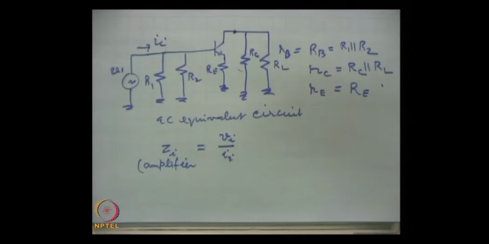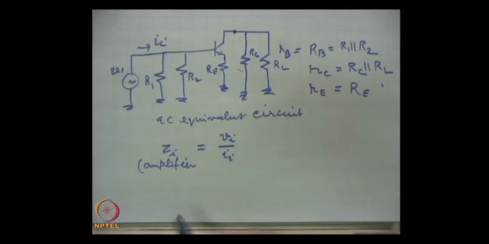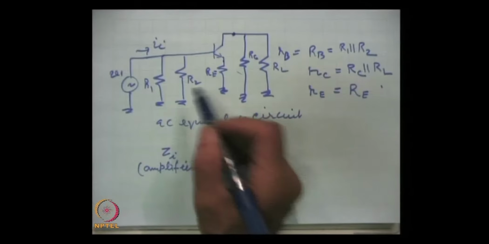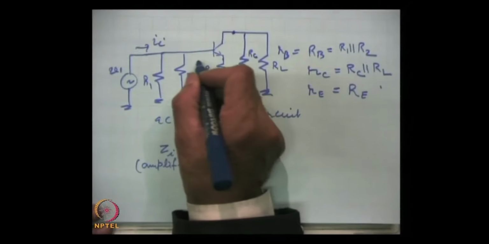Now, this is important, it is convenient to find this expression to break the input impedance of the amplifier into two parts, and these two parts are the RB part and Zin base, that is what we see here between this and ground.